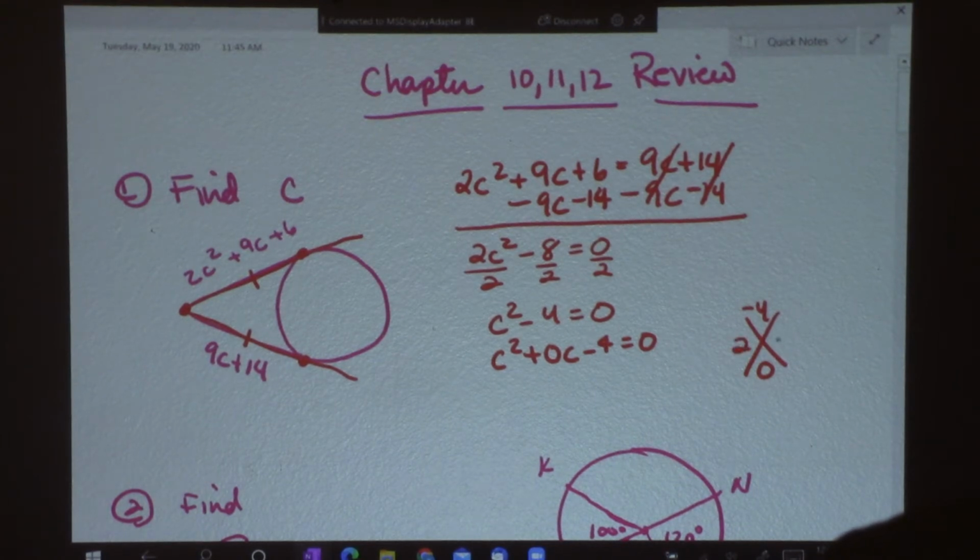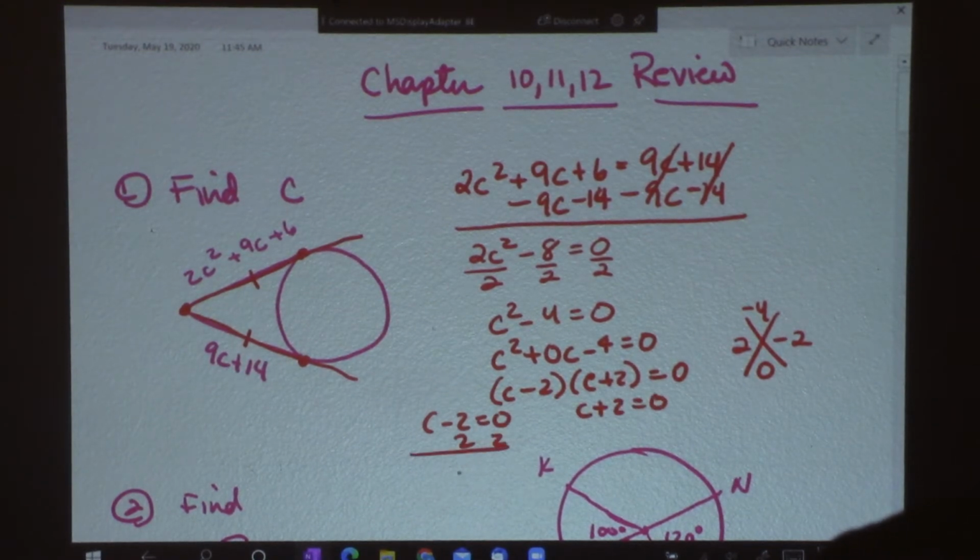Well, 2 and -2. So C minus 2 and C plus 2. And I set them each equal to 0. And I get 2 and -2. And of course I can't have a negative length, so the answer is 2.